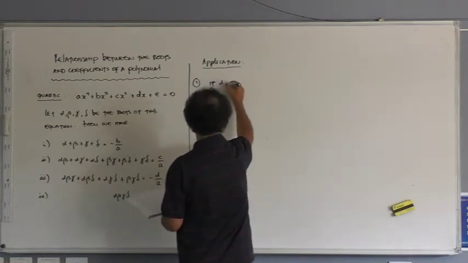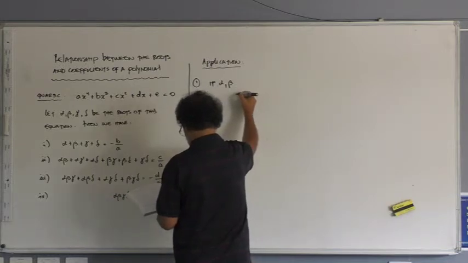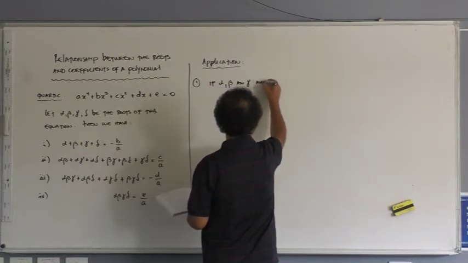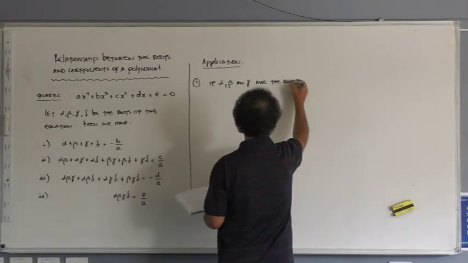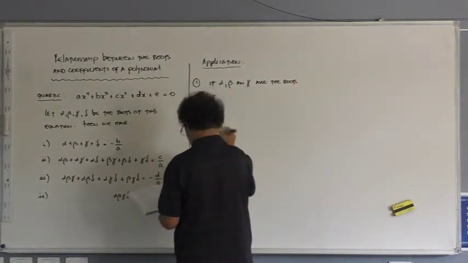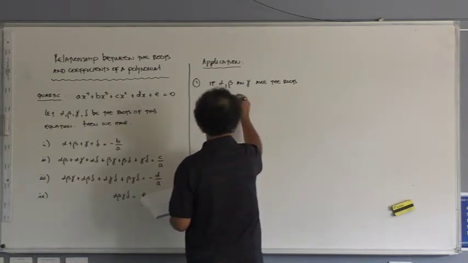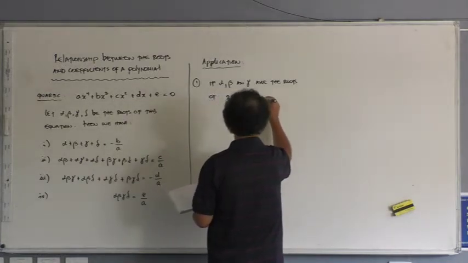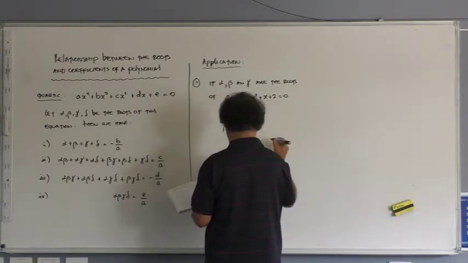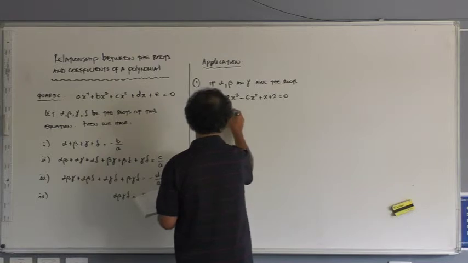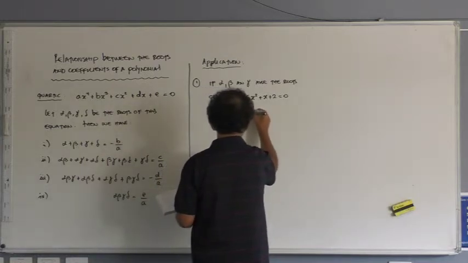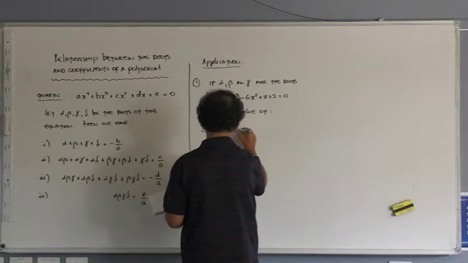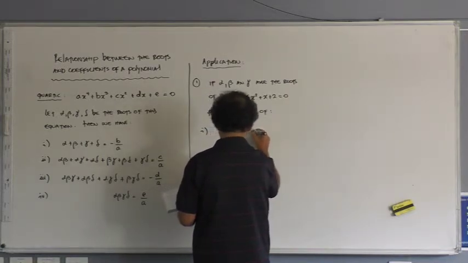If alpha, beta and gamma are the roots of 2x cubed minus 6x squared plus x plus 2 equals 0, find the value of number 1, alpha plus beta plus gamma. So we need to find the answer for that.